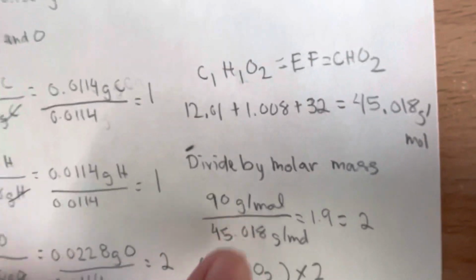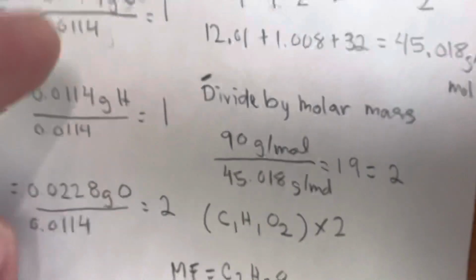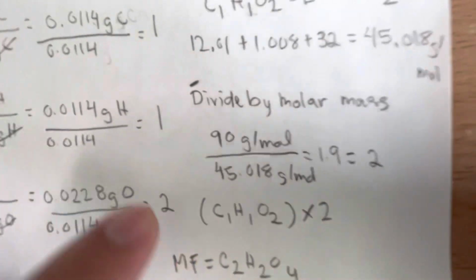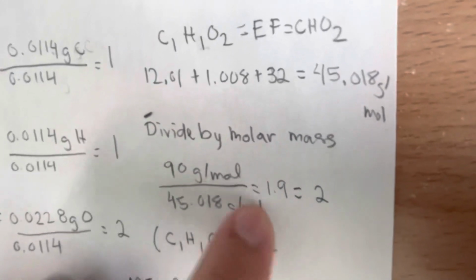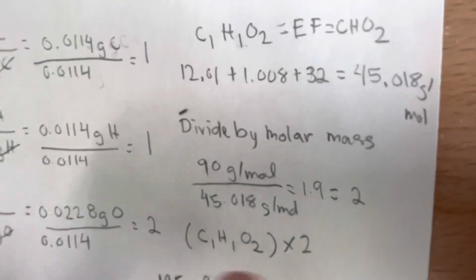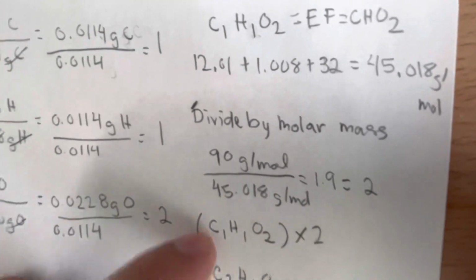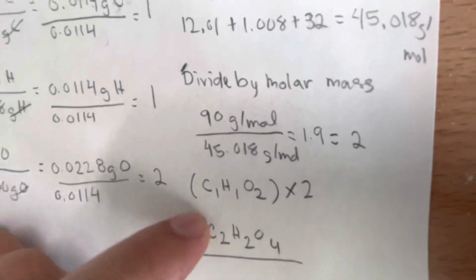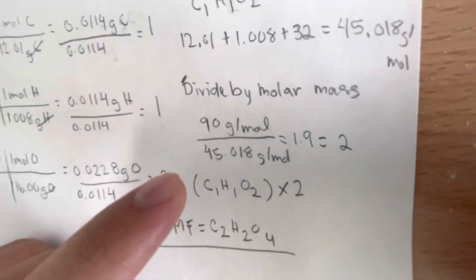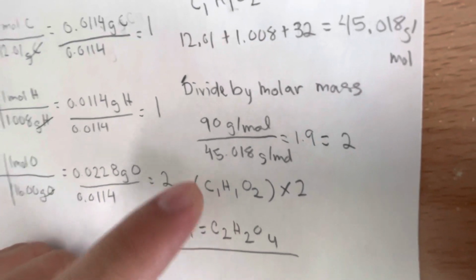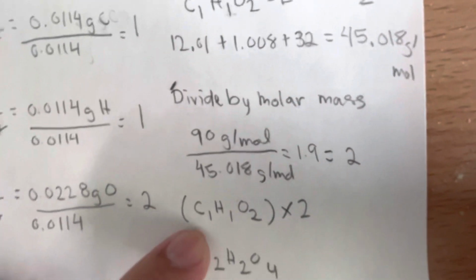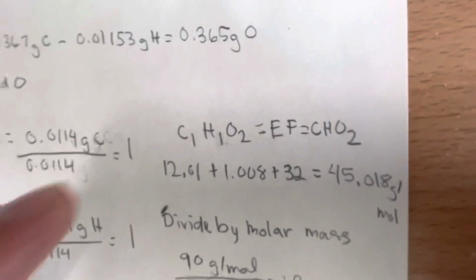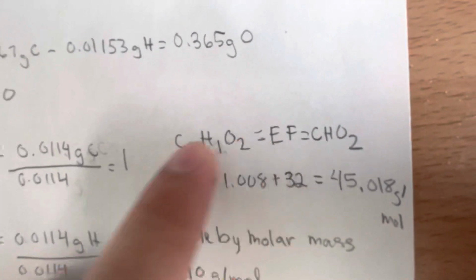So we divide the 90 grams per mole by the 45.018 grams per mole that we got here, and I get 1.9, and I'll round it up to 2. When we get 2, we basically just multiply everything back into the compound formula, which is CHO2. And that's how I got my empirical formula.